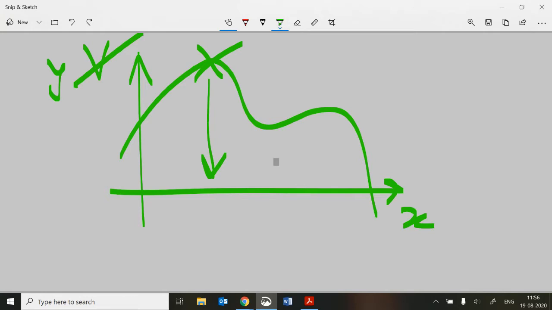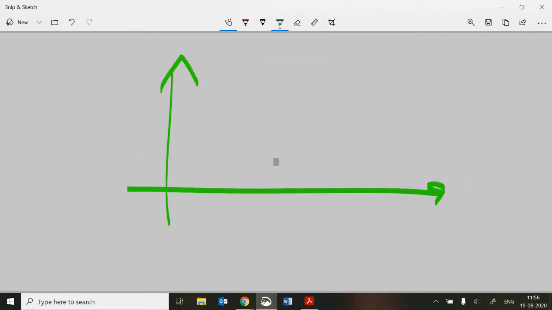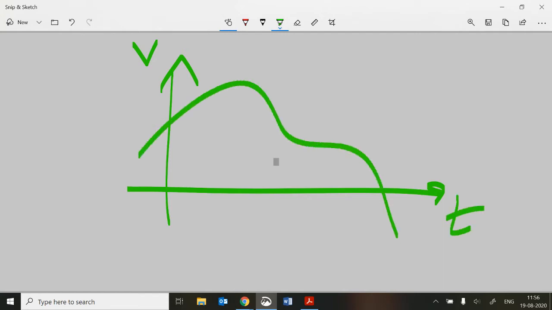Likewise, we might be talking about optimizing our velocity, V again, in terms of time. Again, here's our function, and I can see that this point here is optimizing my velocity. So we're changing the variables in these cases, but essentially the same processes still apply.